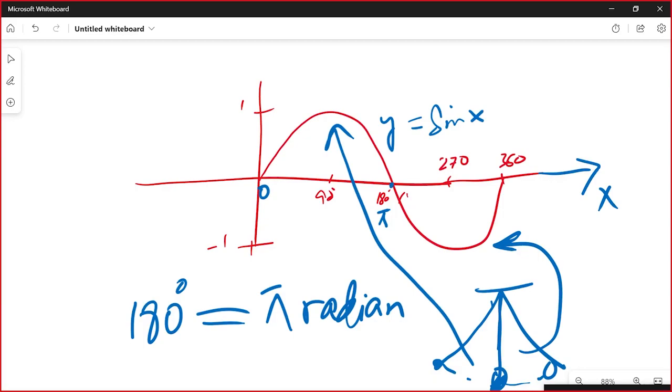You can consider this also, that there are degrees, and then there is another scale which is radians. So 180 degrees is equal to pi radians. I have written pi beneath 180 degrees. What would be 90, you think? Half pi, pi divided by 2.